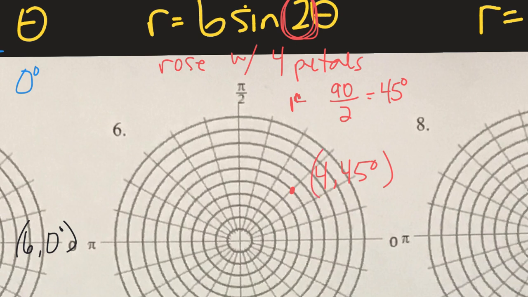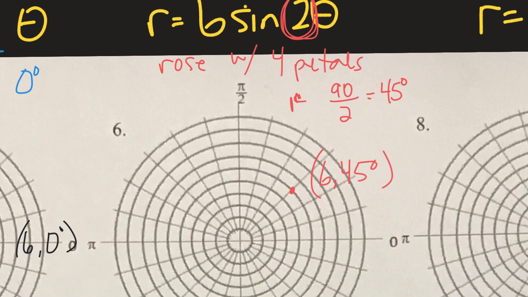Oh, that's not 4, that's 6. I counted 6, but then I wrote 4. This has a radius of 6. 1, 2, 3, 4, 5, 6, right? Exactly 45 degrees. This is our 45-degree line. Every one of these is 15 degrees: 15, 30, 45, 60, 75, 90.